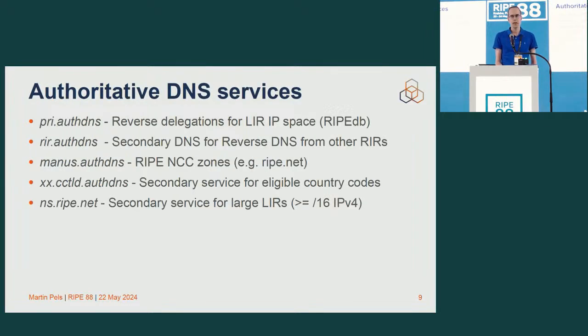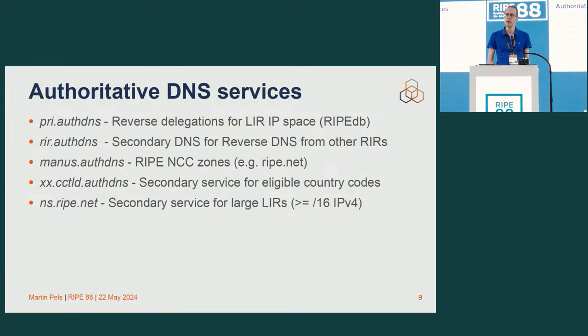Then I wanted to talk a bit more about the service side of what we run. So our auth-DNS setup is composed of 5 different services. We have pri.auth-DNS, which is the reverse DNS for all of the IP space that is handed out by the RIPE NCC, the reverse delegations for that. Then we have rar.auth-DNS.